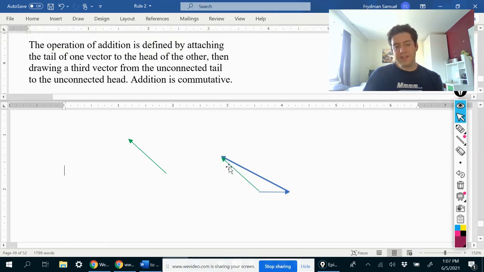You can see that this sum vector is exactly the same as this one over here. Okay, same magnitude, same direction.